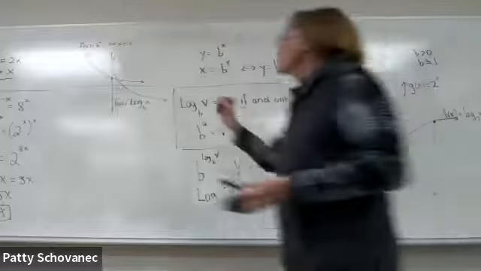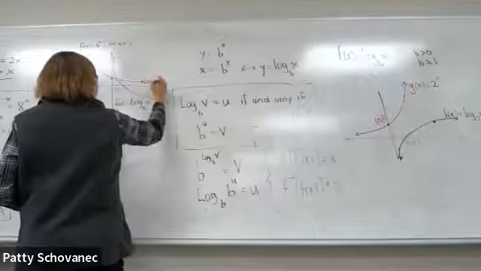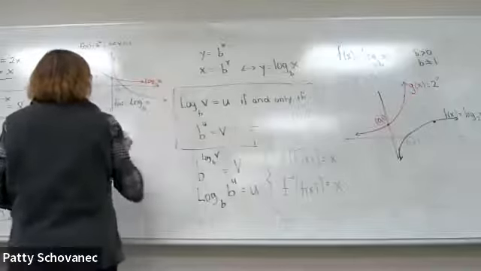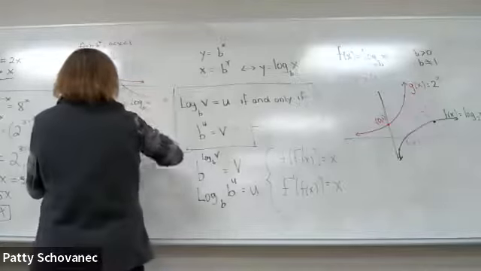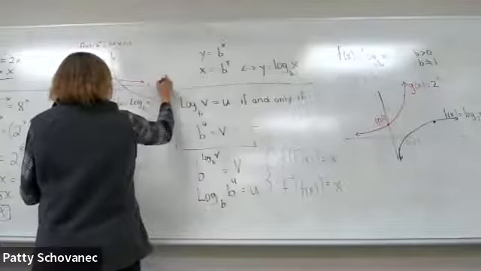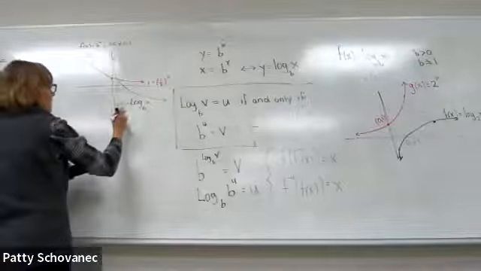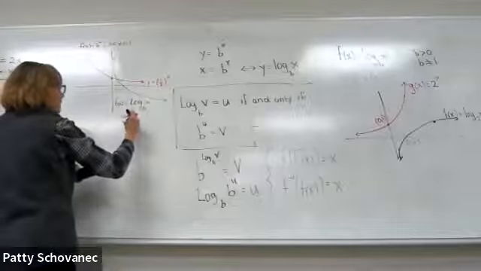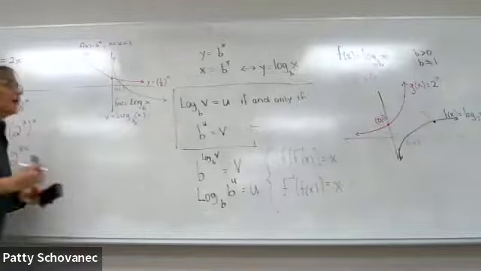And if this is the log base 1/2 of x, oops, that's an exponential function, so I got my functions backwards. This one's 1/2 to the x. And then this one would be the log base 1/2 of x in black.